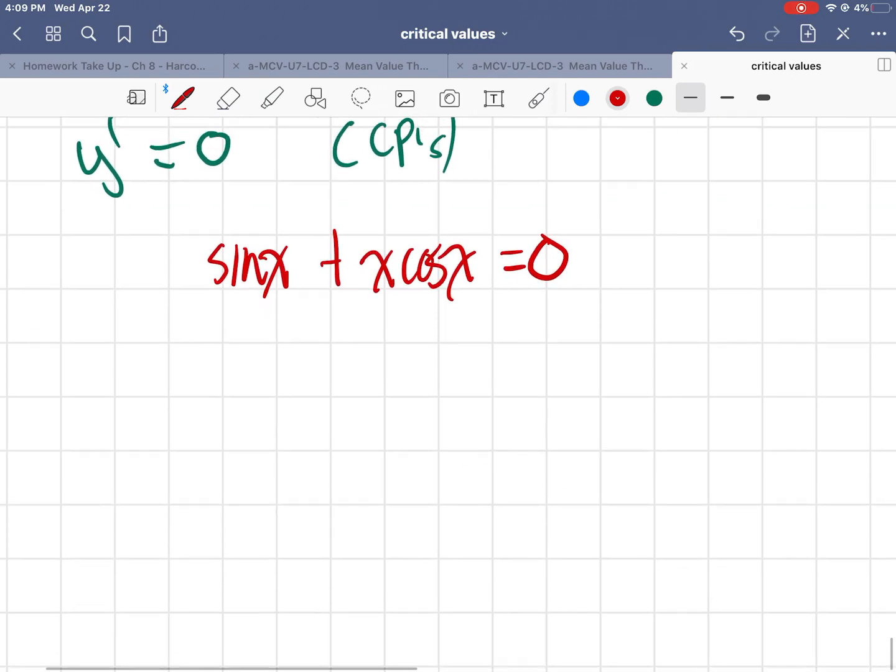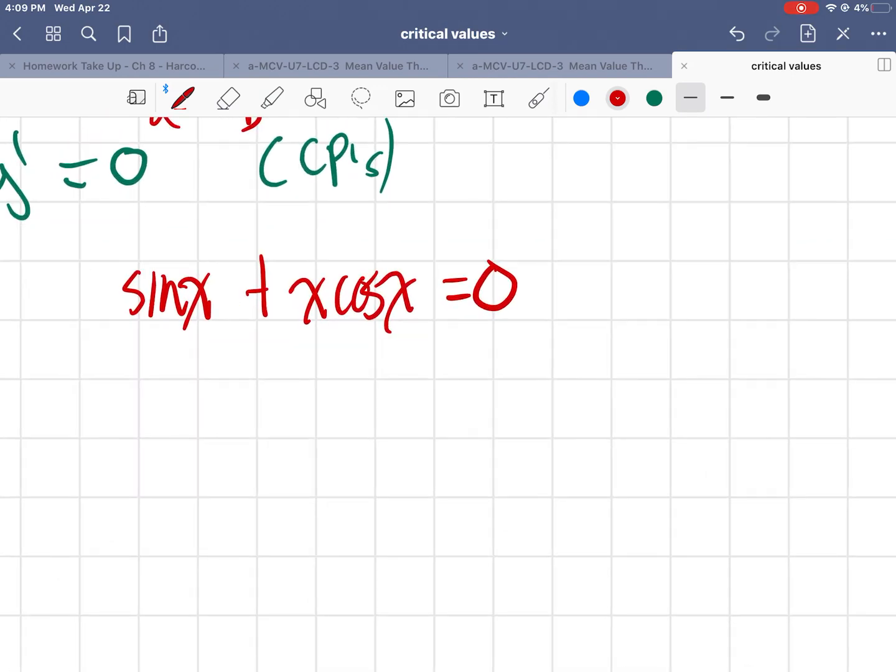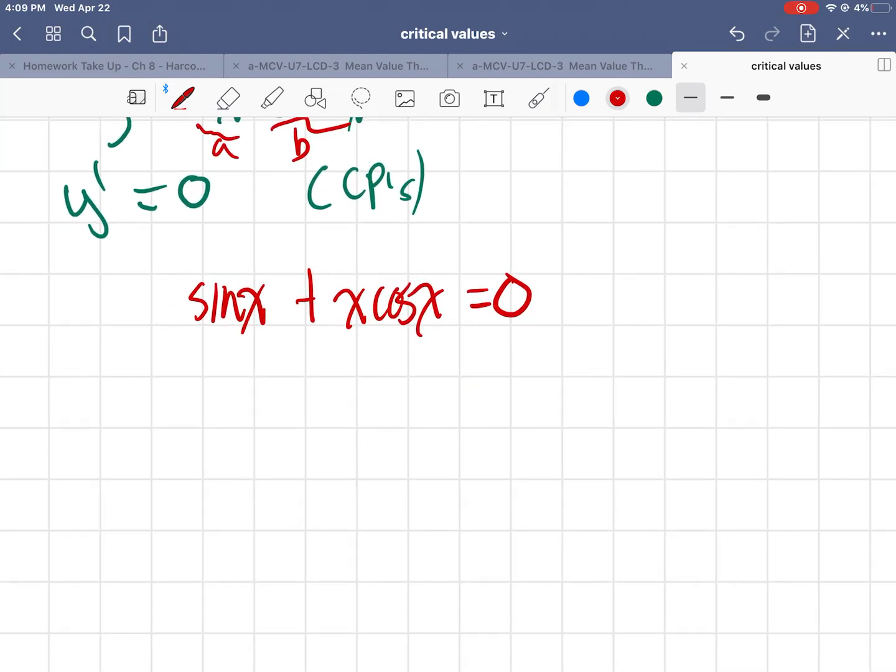Okay, so in this case, what's weird about this one is we can't solve it very well algebraically. All the ones that I'm giving you, you'll be able to, I think. But if we had to do this one, this is a really interesting one. So I would have to subtract sine x from both sides.